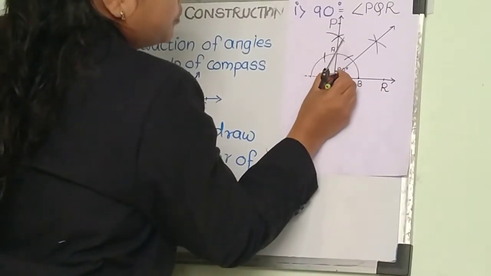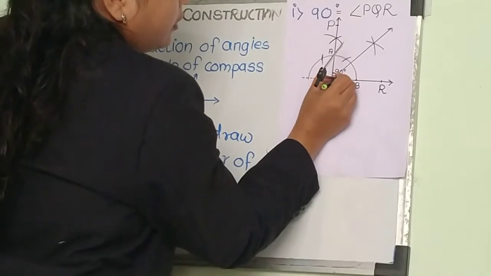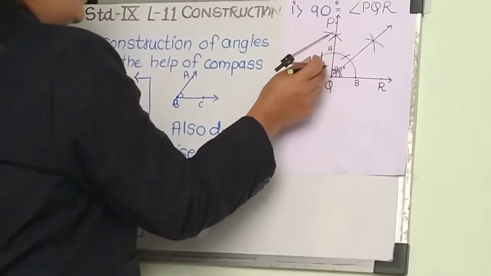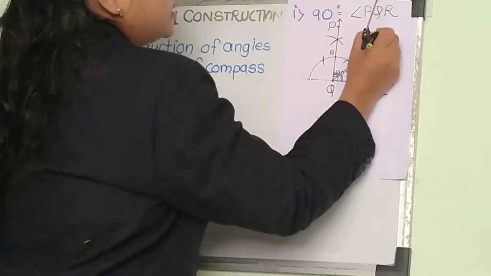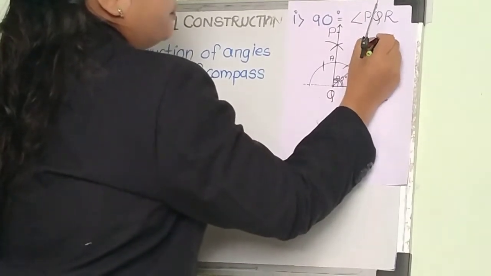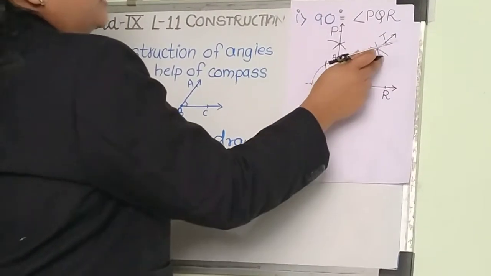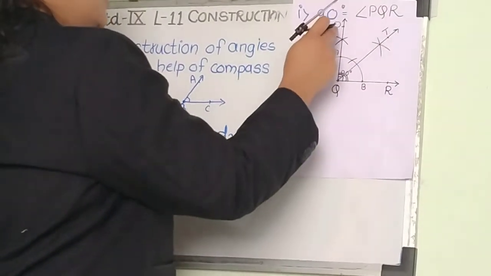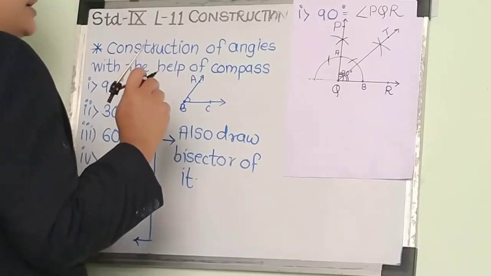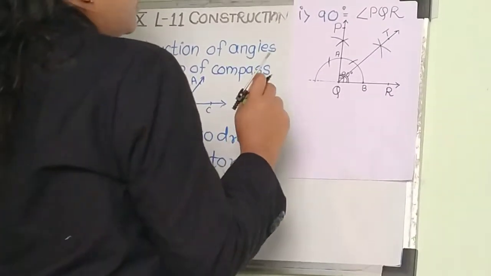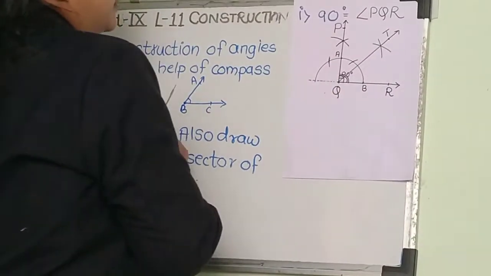And we get here a ray which bisects this angle. Suppose we can say that here QT. QT is the angle bisector of angle PQR. In this way, we can draw the bisector of angle 90 degree.